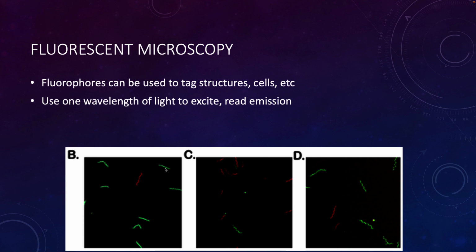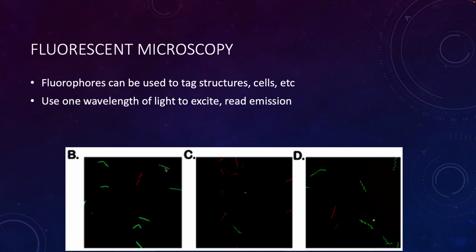So we use these fluorophores to tag various structures. One of the most commonly used is DAPI, which stains the nucleus, but you can have fluorescently tagged antibodies that will bind to various antigens on a cell surface or even internal to the cell.